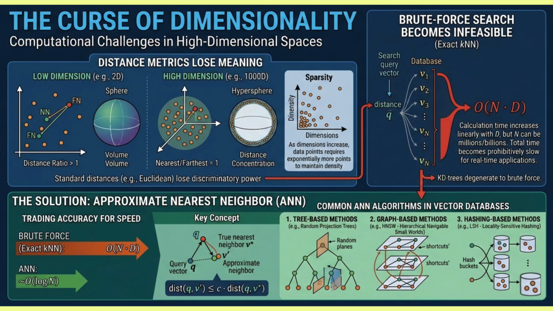By employing ANN algorithms, vector databases can perform similarity searches on billions of high-dimensional vectors in milliseconds, making them practical for applications like semantic search, large-scale recommendation systems, and image retrieval.